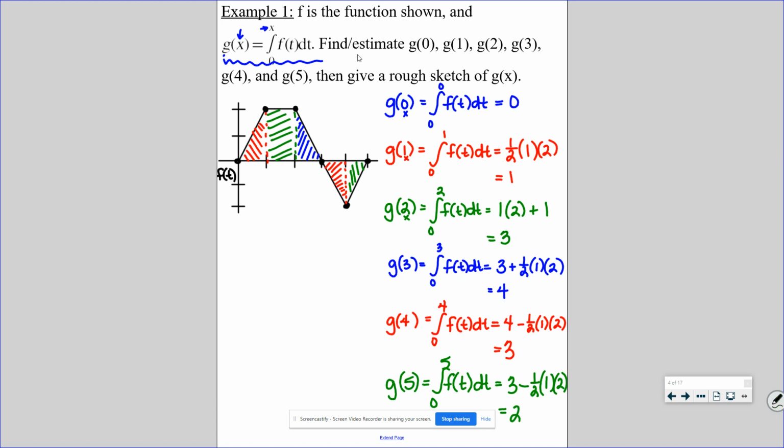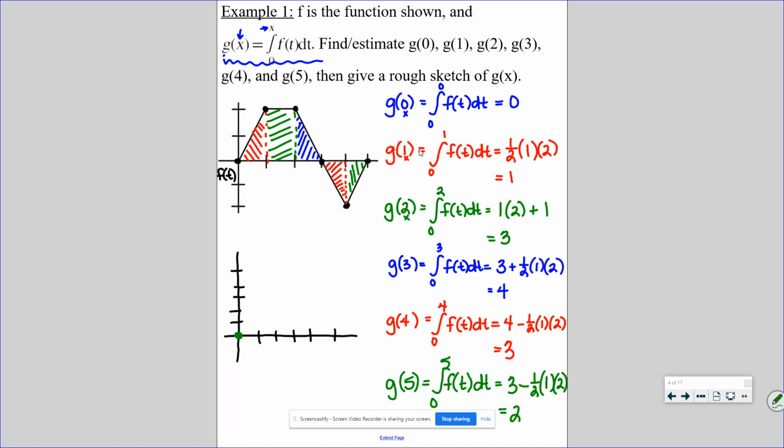Okay, the second part of this question says give a rough sketch for G of X. So remember, all of this computation that we were doing was to describe a new function called G. And now, since we have computed all these values, we know something about G, a little bit, not much, but we know that when X is 0, the Y value is 0.